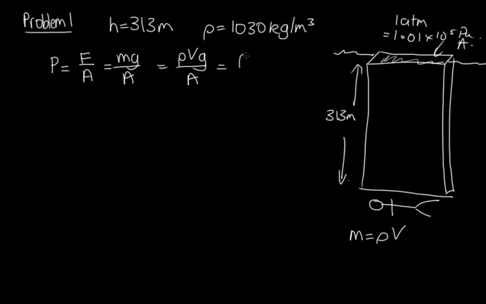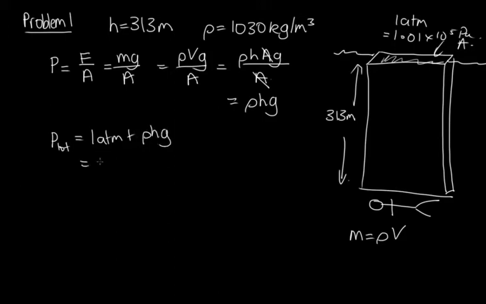So we can put this as density, and then the volume is h times the surface area. And those surface areas cancel out, so we've got rho hg. So this is the pressure caused by the water. So the total pressure is equal to the 1 atmosphere plus rho hg. So let's substitute everything in.